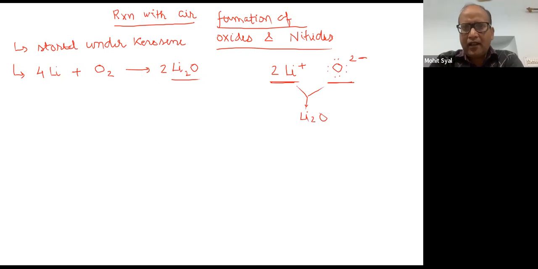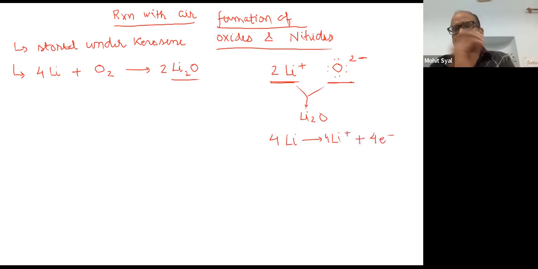Actually, when the reaction happens, you have taken 4 lithium. Lithium is going to release its outer electron, which we have seen last time. Do you remember that? Each lithium is going to release 1 electron, so a total of 4 electrons will be released.